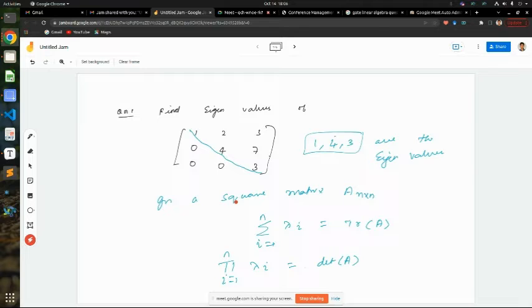But how do you compute the determinant of an upper triangular matrix? It turns out the determinant of an upper triangular matrix is equal to the product of the entries along the leading diagonal. So in particular, determinant of A will be equal to 1 into 4 into 3.